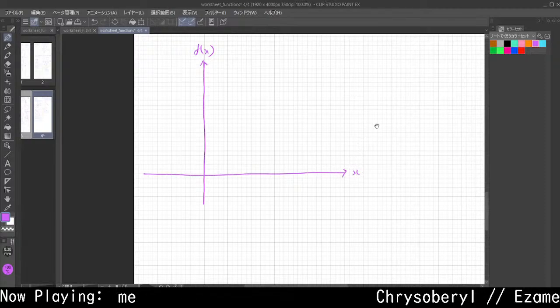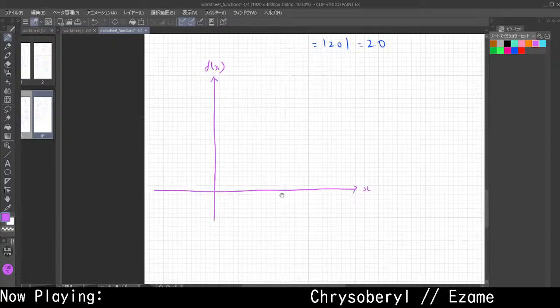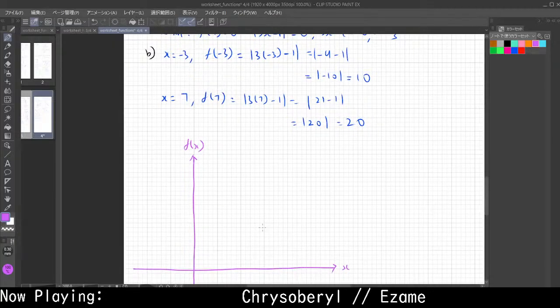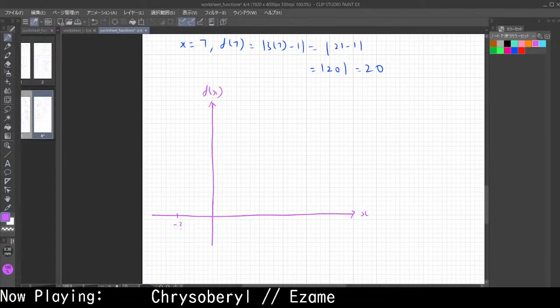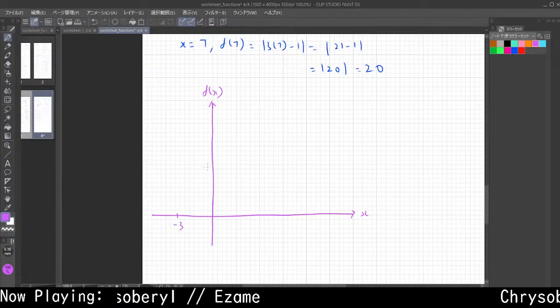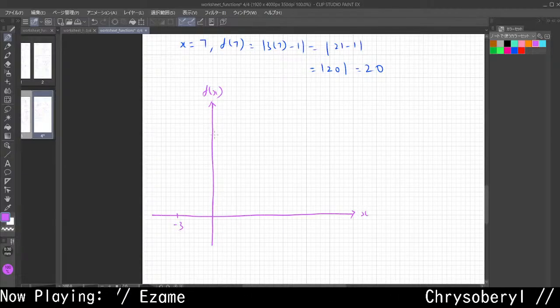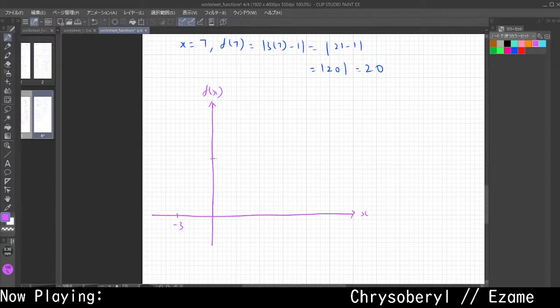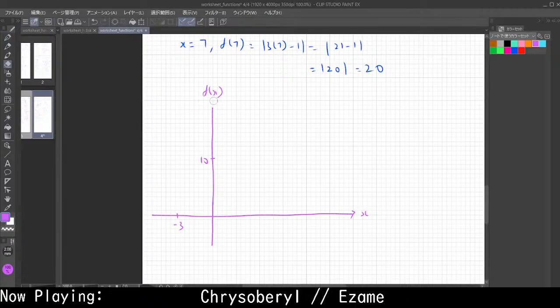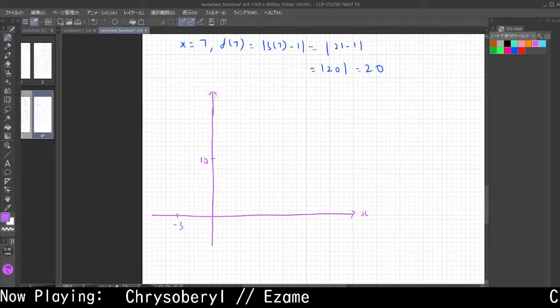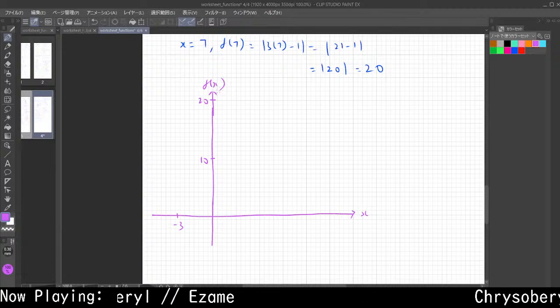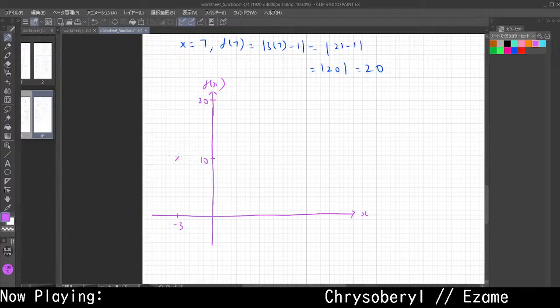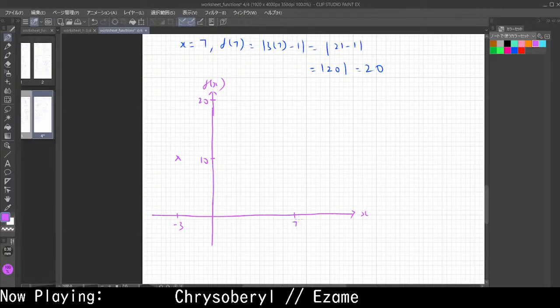Okay, this is definitely good enough. Your starting point is negative 3, 10. Then up a bit, this point. Then 7, 20.